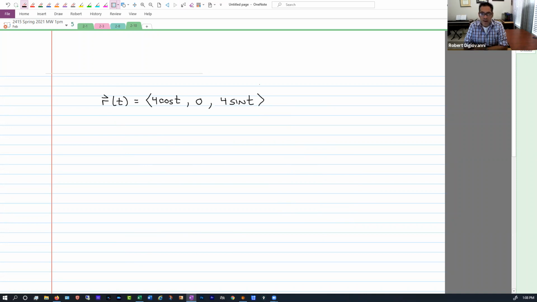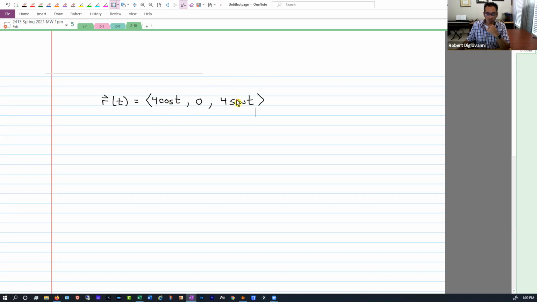So now you have a vector function in 3-dimensional space, right? So you got a clock, and then this is drawing 3-dimensional vectors where your y component is always 0. But the x and the z components are the familiar number in front of cosine, number in front of sine. So shouldn't it draw a circle still?